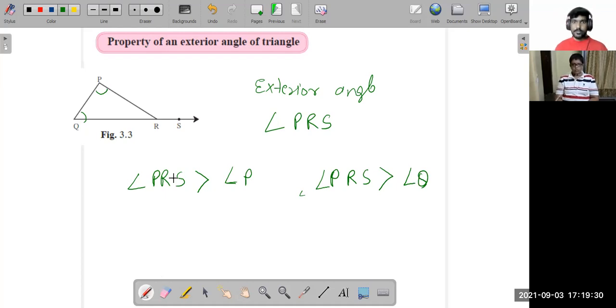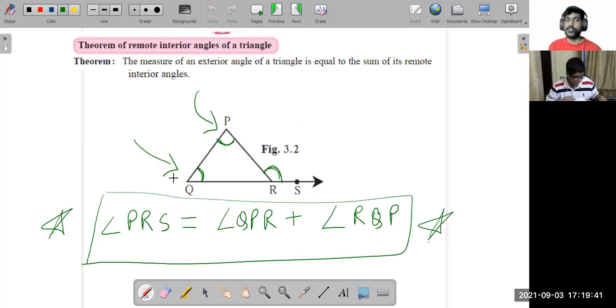Make a note of it. Draw the diagram also. In the previous one, did you draw the diagram? No? Draw it. You can draw freehand also, but draw it.